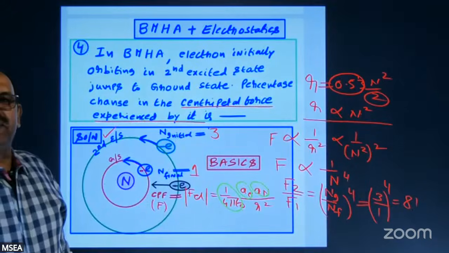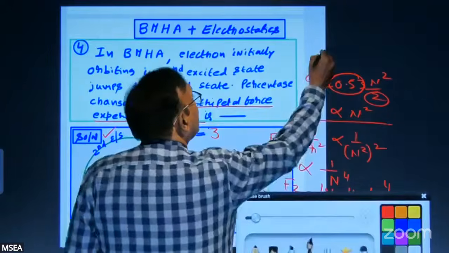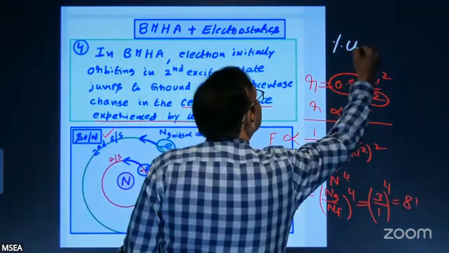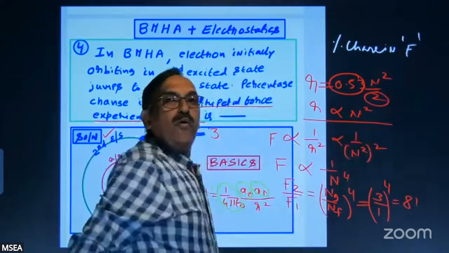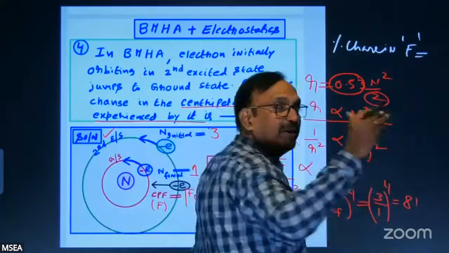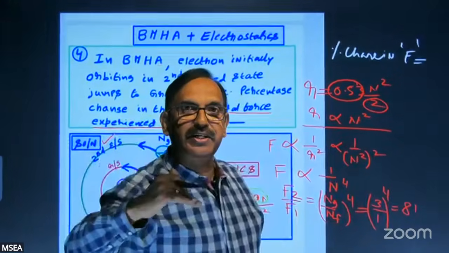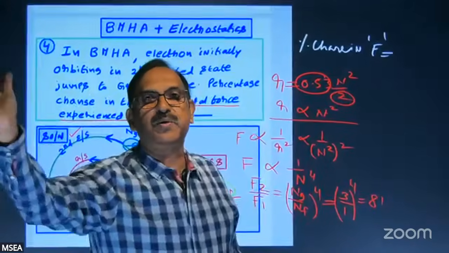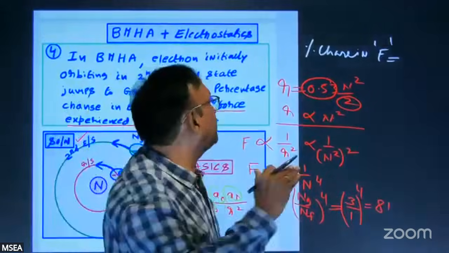In any topic of physics, percentage questions are quite common. You want to know the percentage change in the centripetal force. What is the formula for percentage change? Percentage change in anything means final by initial minus 1, into 100. I repeat, final by initial minus 1 into 100.